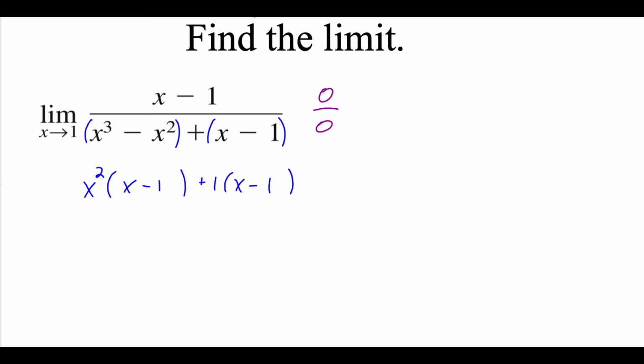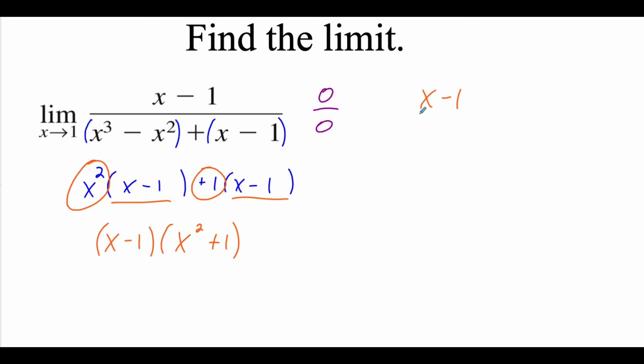When we're doing grouping now, the like factors become one of the pieces, and then the things in front of those factors become the other piece. So factoring out the denominator, we get (x minus 1) and (x squared plus 1). And we notice that the numerator is still x minus 1.